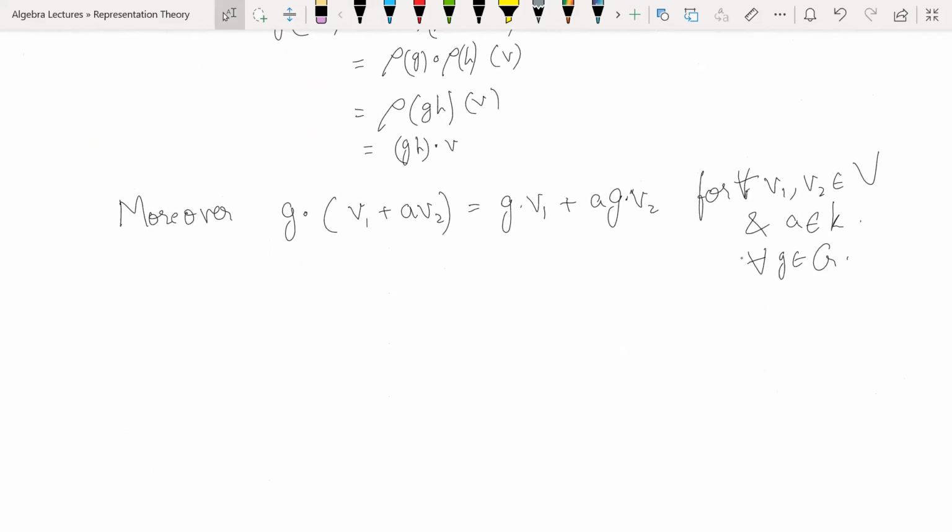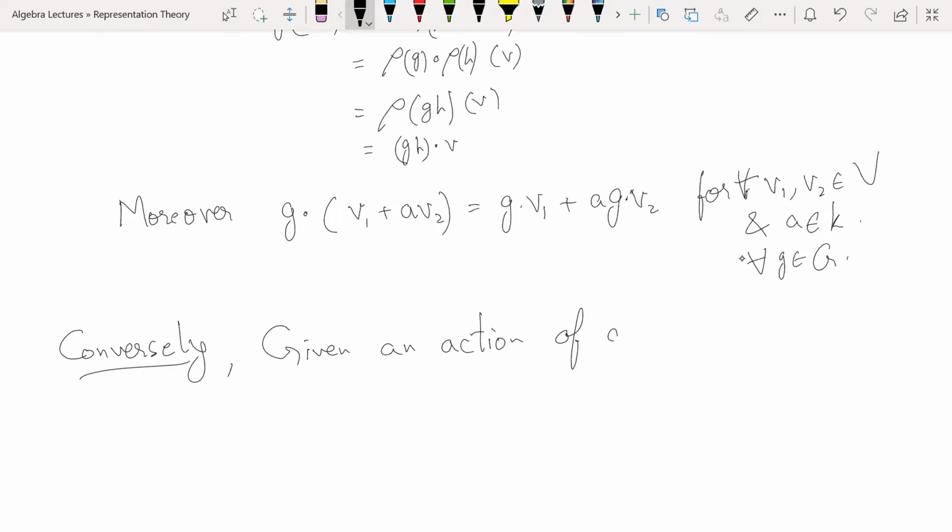So conversely, let us be given an action of a group G. The definition doesn't need finiteness, but you can think of it as a finite group.